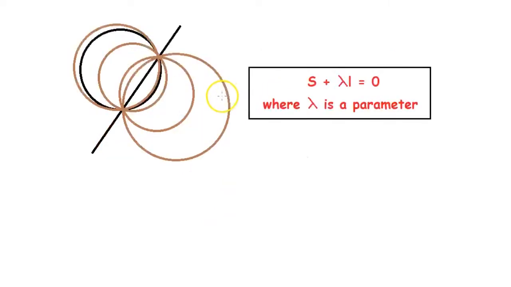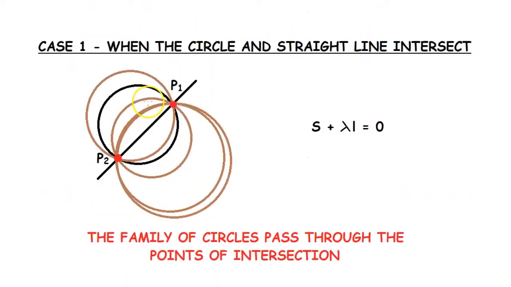There are three main situations for this family of circles. So, case 1 is when the circle and the straight line intersect each other. In this case, let's say that we have this black circle and this black straight line. Let's say that the straight line intersects the circle at the points P1 and P2.